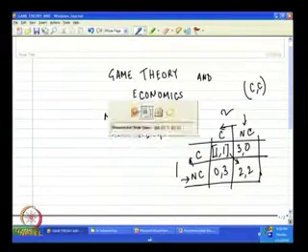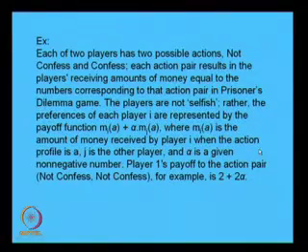is the following. Each of two players has two possible actions, not confess and confess. Each action pair results in the players receiving amounts of money equal to the numbers corresponding to that action pair in the prisoner's dilemma game. The players are not selfish, rather the preferences of each player i are represented by the payoff function m_i(a) plus alpha multiplied by m_j(a), where m_i(a) is the amount of money received by the player when the action profile is a, j is the other player, and alpha is a given non-negative number.